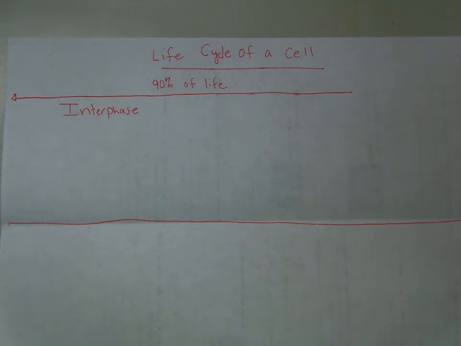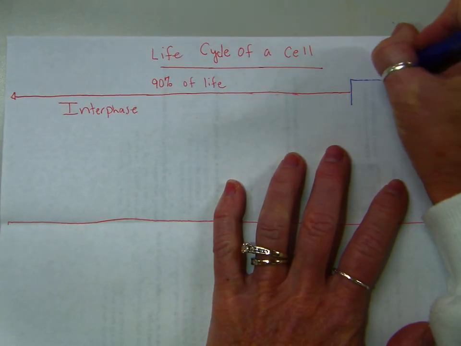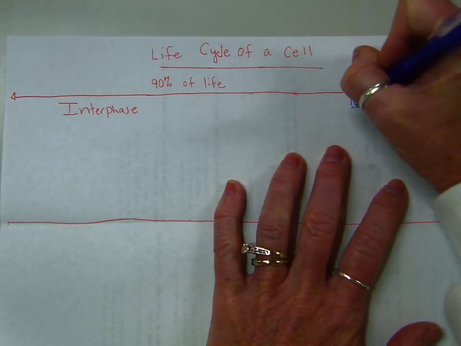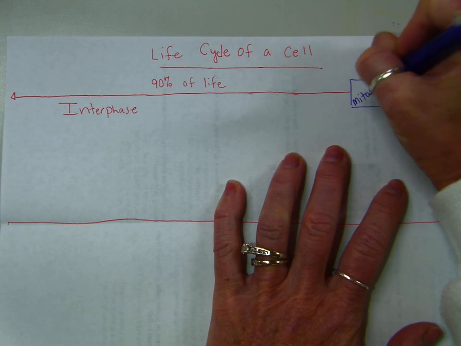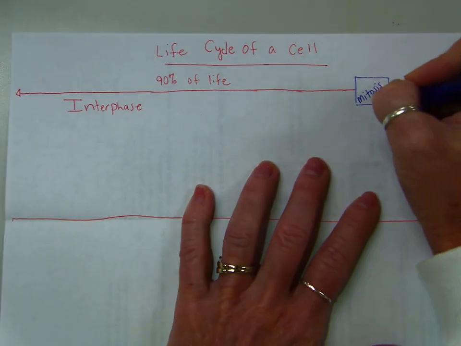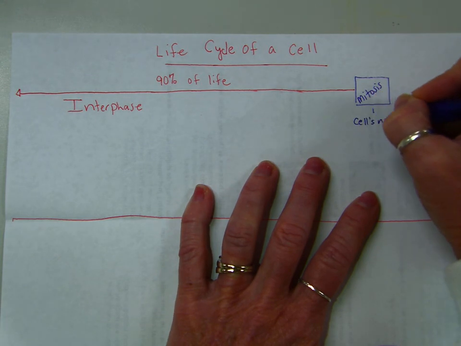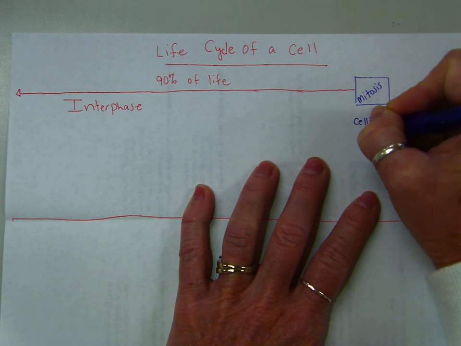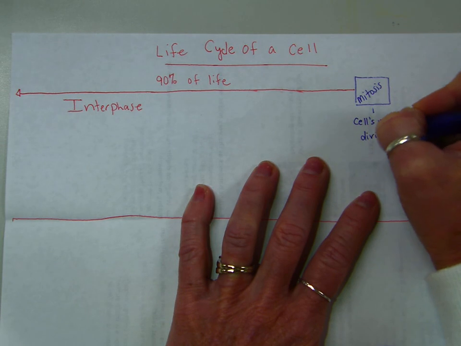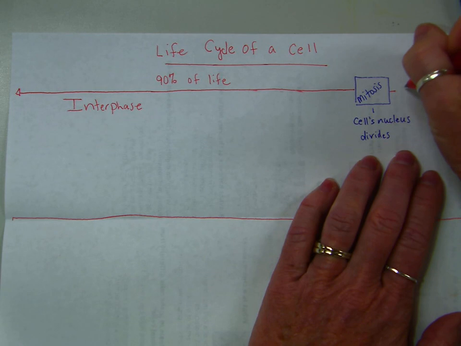And then there's a small portion of its life, it's really short, and it is called mitosis. Mitosis. That's a small portion of its life, and this is when the cell's nucleus divides. And then the rest of its life is spent in something called cytokinesis.